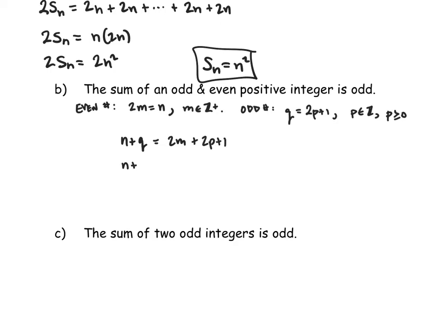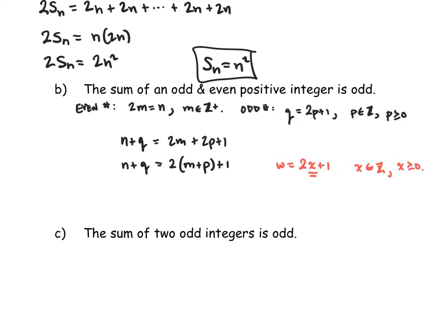So if I combine those first two terms by factoring out a 2, I get 2 times the quantity m plus p plus 1. And this fits the definition of an odd number, right? So let me define a new odd number, w, and let's say that w is 2 times x plus 1, right? So x must be then in the integers with x greater than or equal to 0.